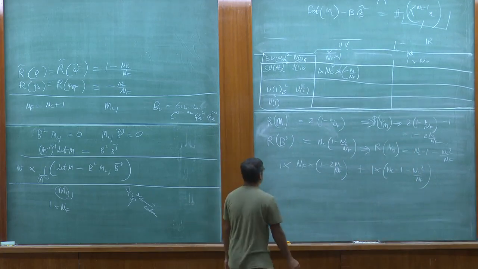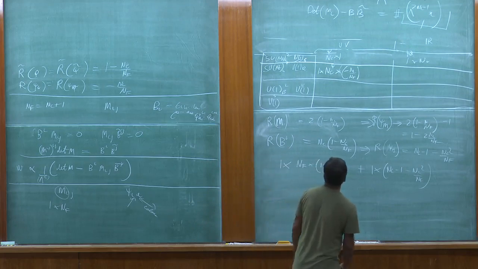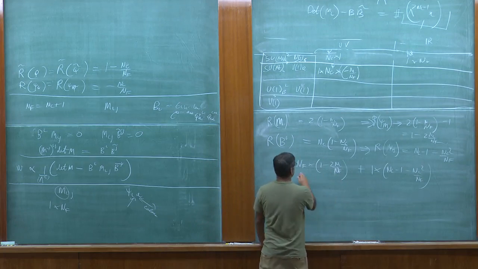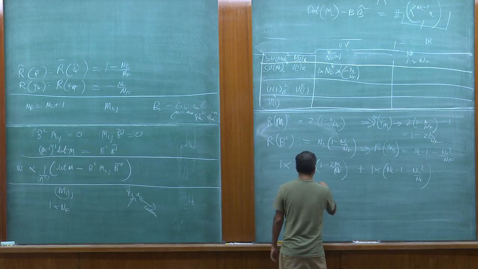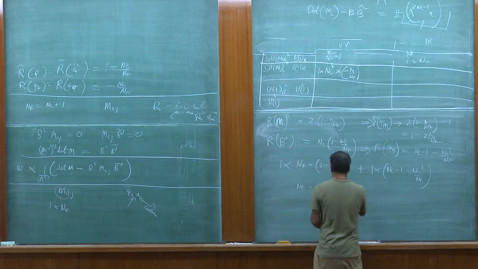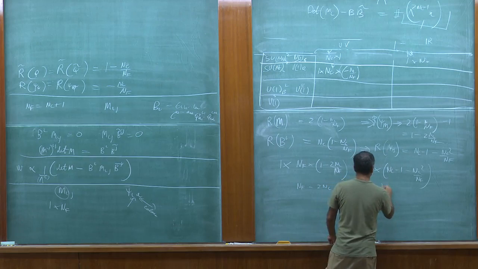Now we're looking like it's in miracle territory, right? We have to reach minus NC squared by NF. Let's see. So this is NF minus 2NC, plus NC minus 1 minus NC squared by NF.